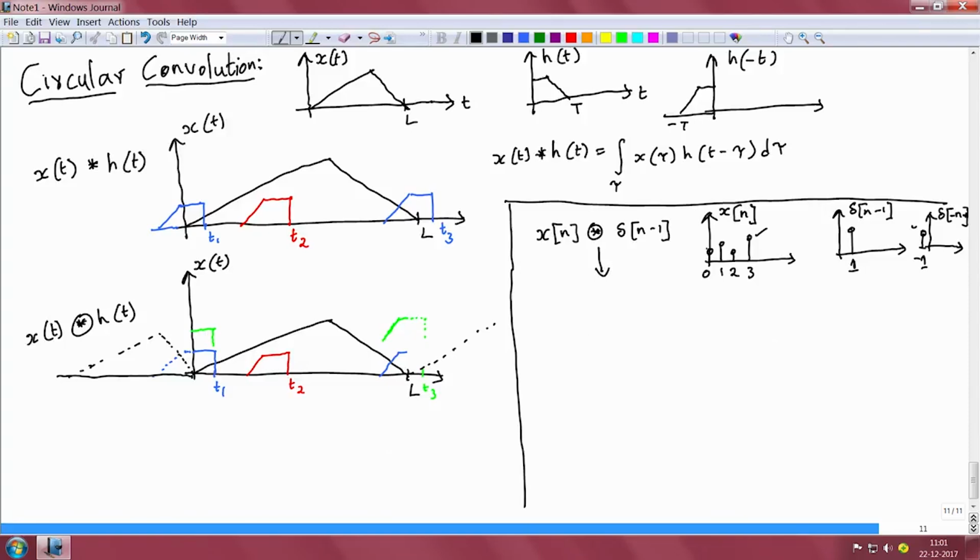Let us say these values are x 0, x 1, x 2 and x 3. The resultant signal is going to look like this: here you have x 3, x 0, x 1 and x 2.